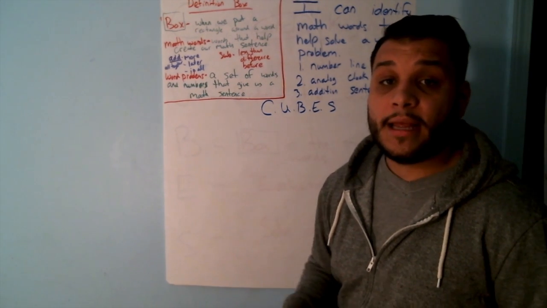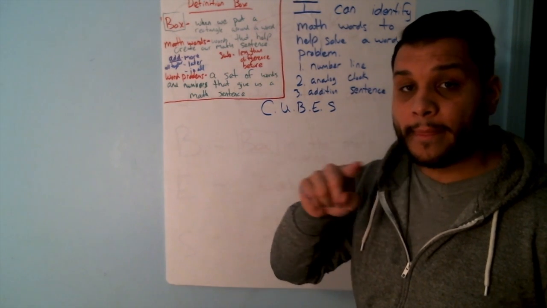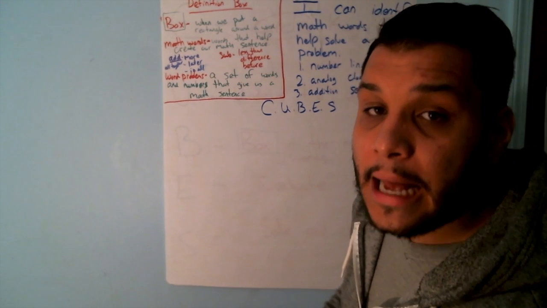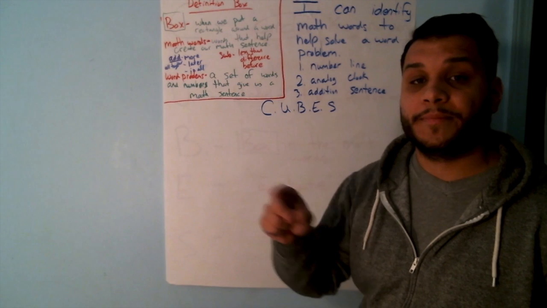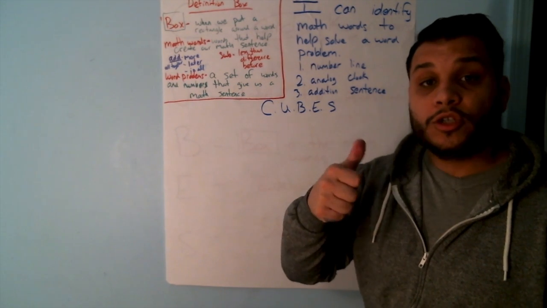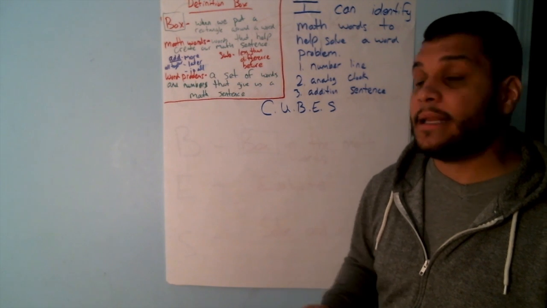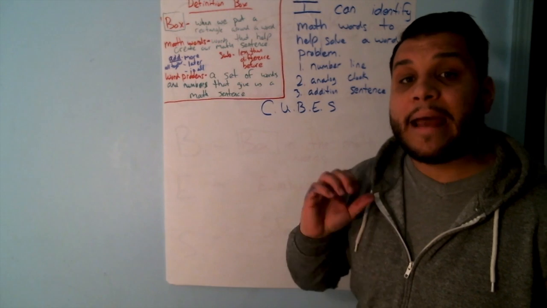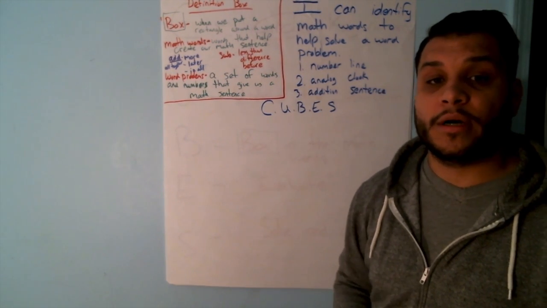Yesterday, we worked on our U, and U stands for Underline the Question. On Monday, we worked on C, and C stands for Circle the math numbers or the key numbers. So today we're focusing in on B, and B stands for box in the math words.